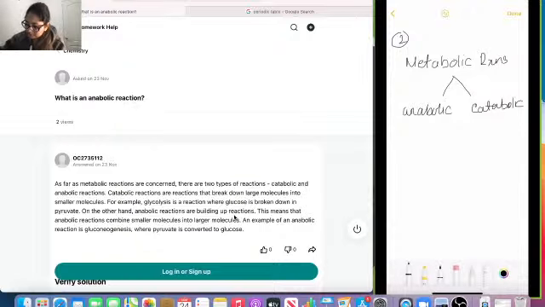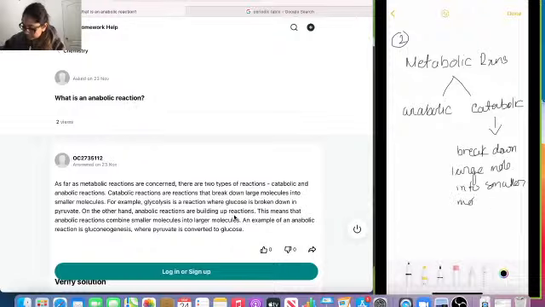I'll first address catabolic. So the catabolic reactions are reactions that break down large molecules into small molecules. So for example, break down large molecules into smaller molecules, right?